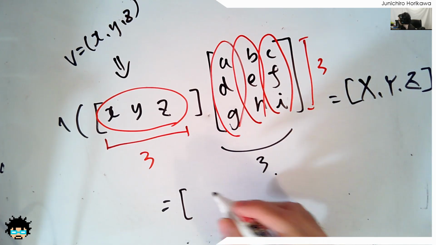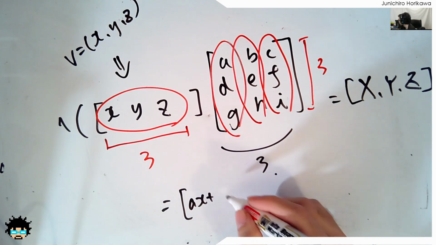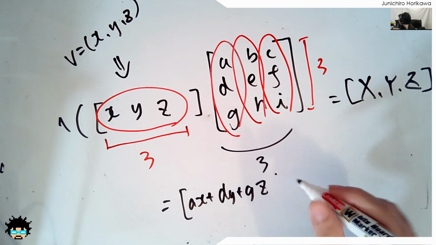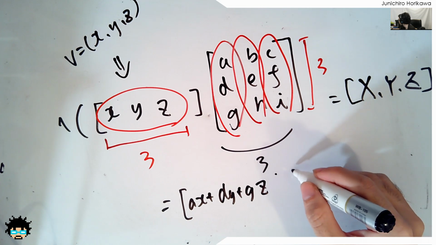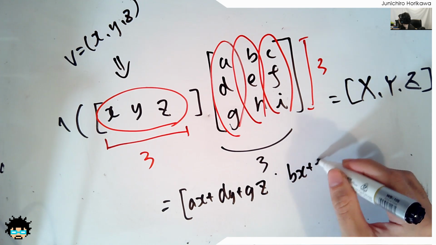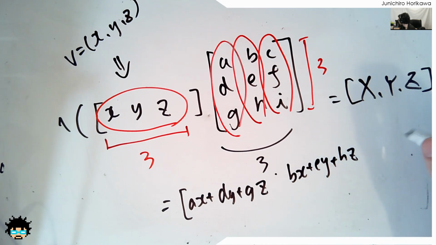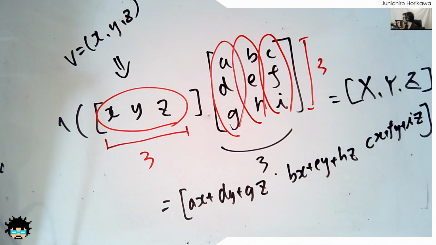For the first one, ax plus dy plus gz, and the second value bx plus ey plus hz, and the third one cx plus fy plus iz, like this.